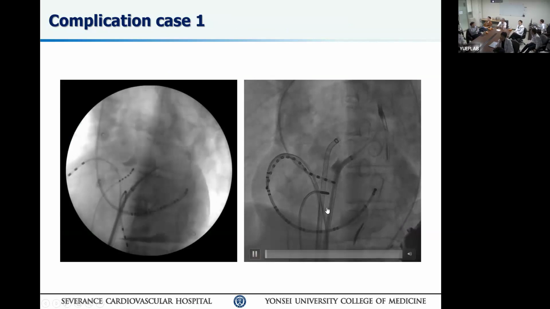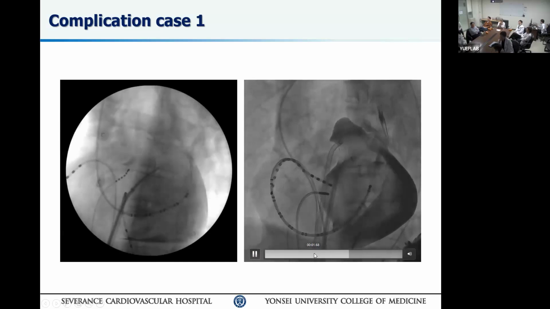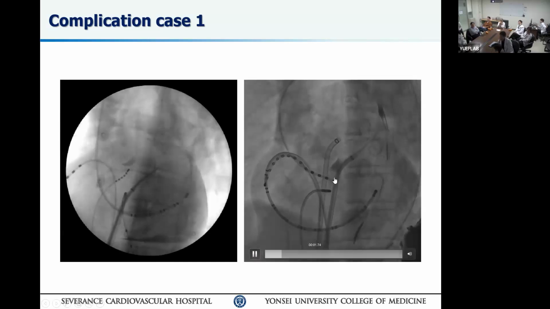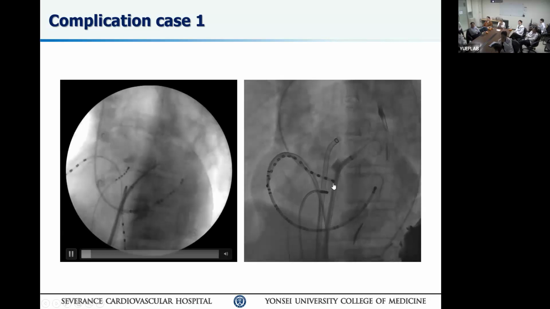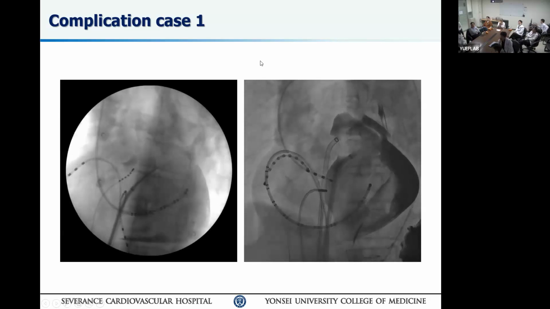And in the right picture, this is very severe, with the dye injected into the pericardial space.